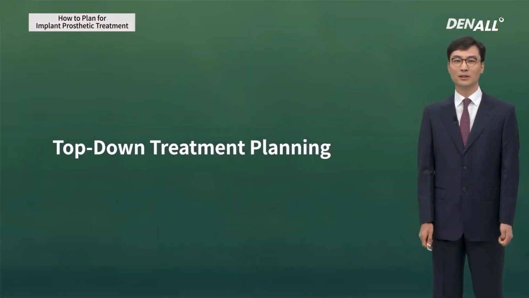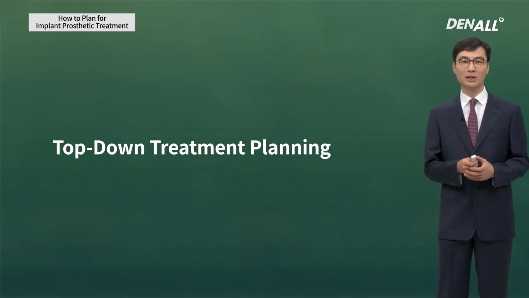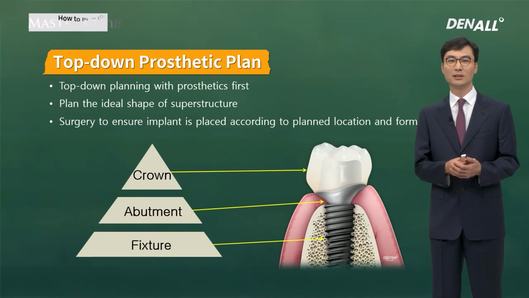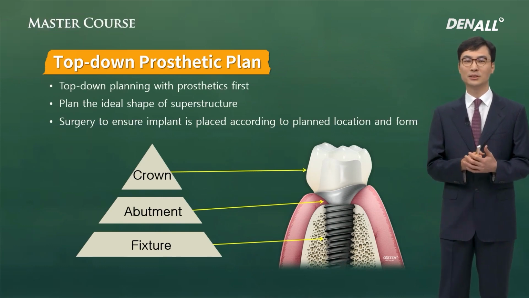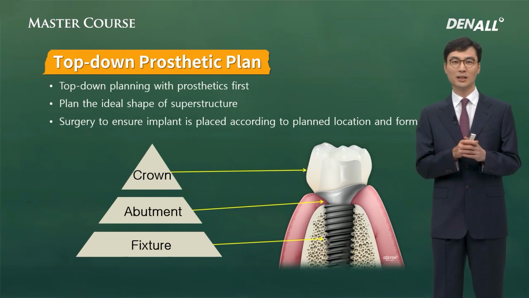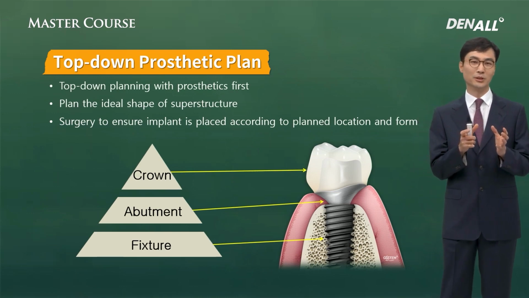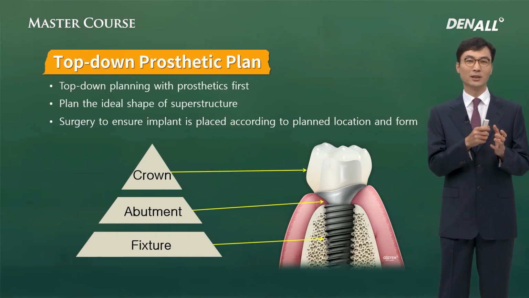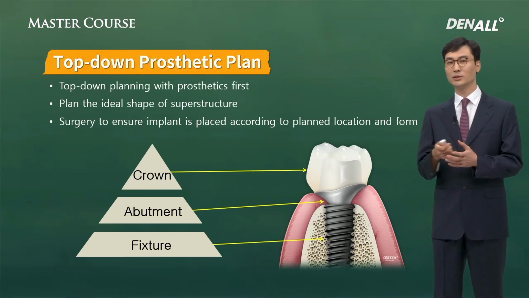I'm going to talk about the top-down planning, which centers upon prosthesis. Top-down treatment plan means you need to consider ideal prosthesis for the missing teeth ahead, and then, after simulating it, you come up with a surgery and a series of process.